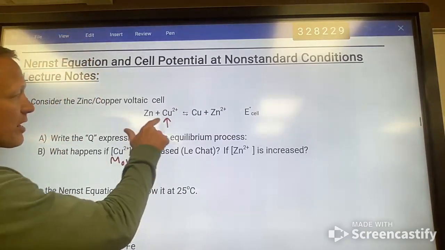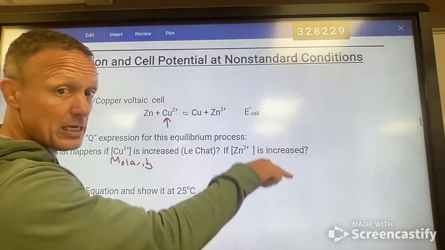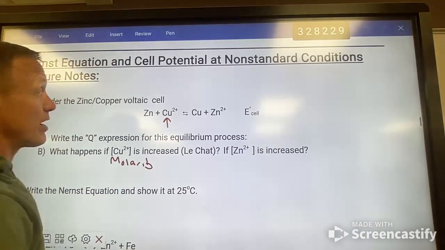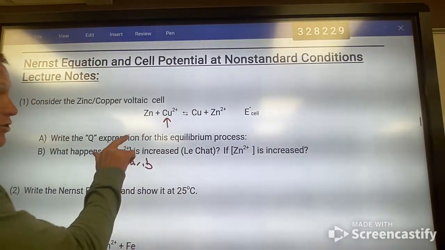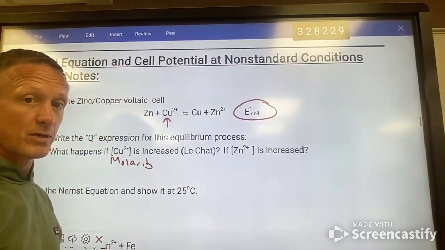If we increase this concentration, the equilibrium is going to shift to the right to try to use up those copper ions. If we shift to the right, your cell potential will increase. There's a higher voltage.